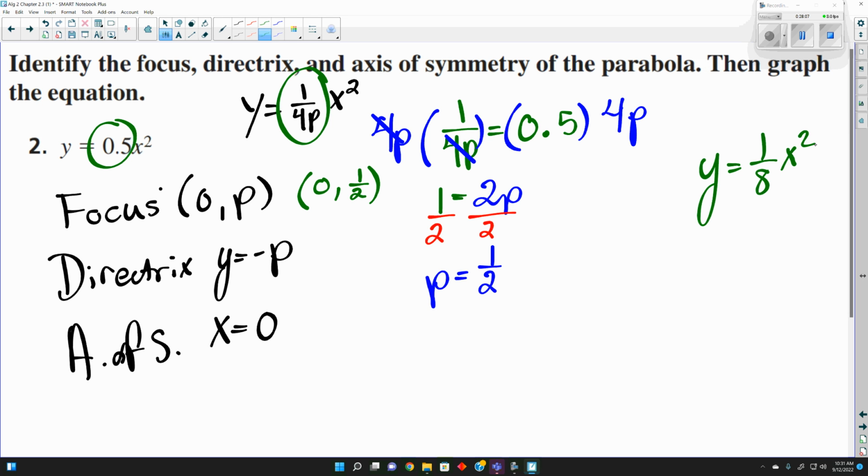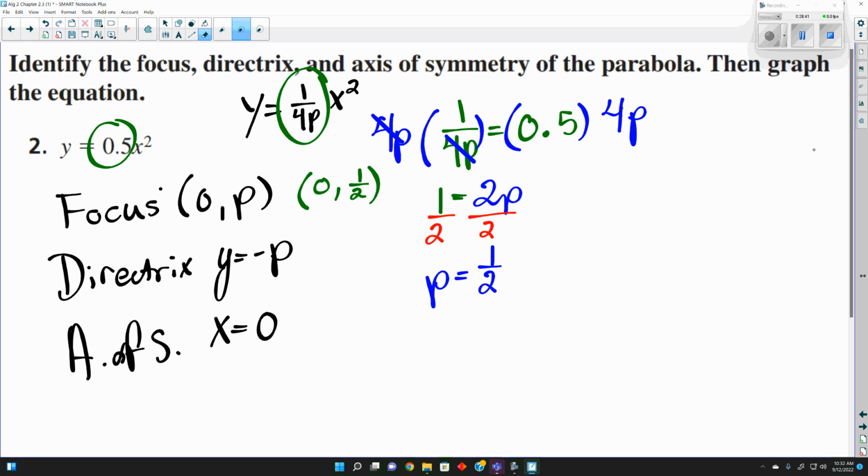Or if we said that the p value was 1/8, that'd be this here. So they work differently. It incidentally works out that 1/2 gets 1/2, because 4 times 1/2 is 2, so it stays on the bottom.